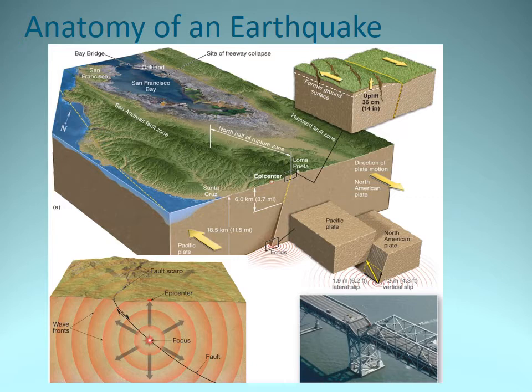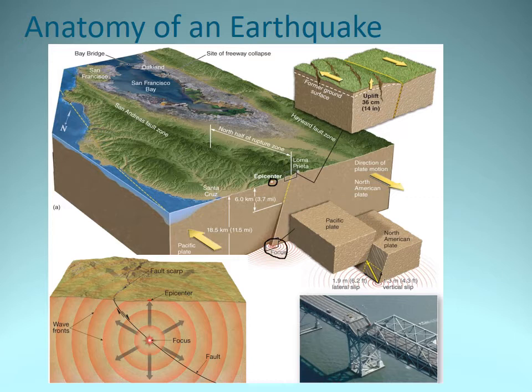Now, for some terminology. Most people have heard of the epicenter, but many people don't really know that the epicenter isn't the actual true source or origin of an earthquake. Something called the focus is the true origin of the earthquake.